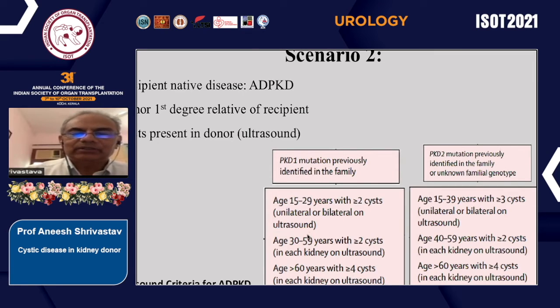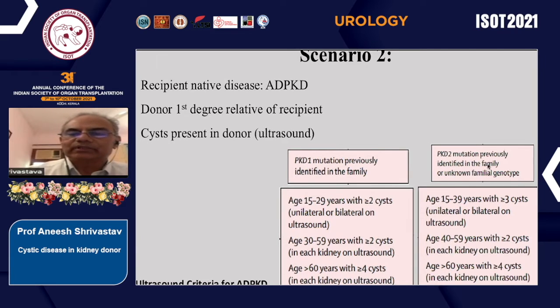And based on this, beyond 59, if there are more than 2 cysts, then definitely it's ADPKD, and you can use this criteria in this particular setting only. If there are PKD2 mutations, Ravine did not talk about PKD2; this came later. So if there are PKD2 mutations previously identified, then you see that the age range has been increased to 40 here.